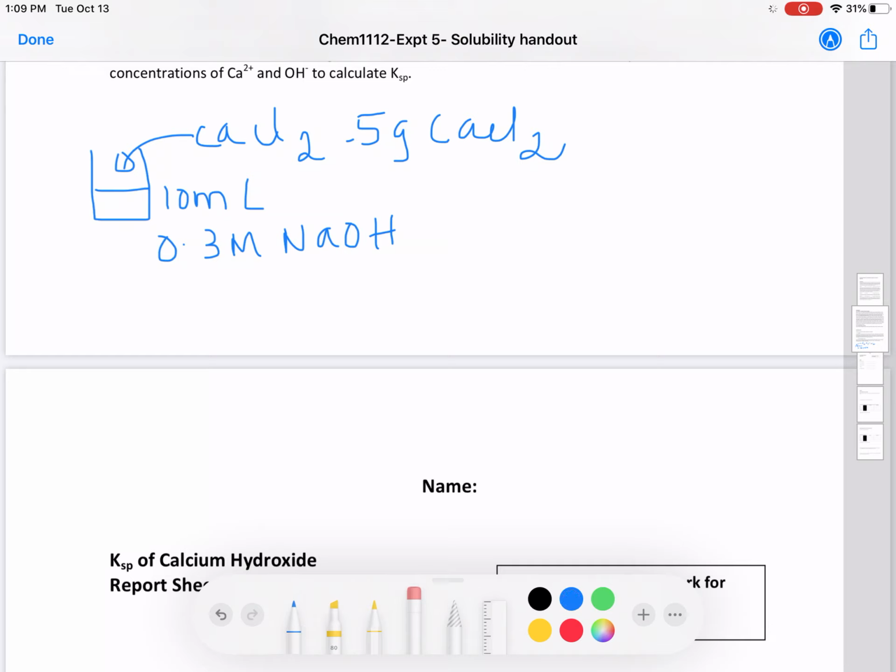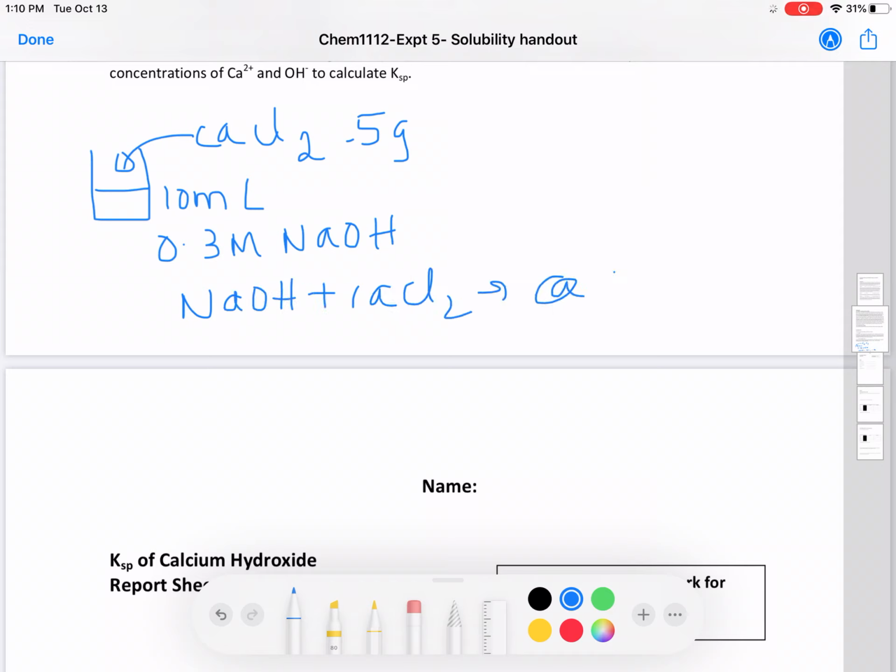What's going to happen when you have sodium hydroxide and calcium chloride? It's going to form a white solid. So sodium hydroxide plus calcium chloride gives you calcium hydroxide, which is the white solid, plus sodium chloride.